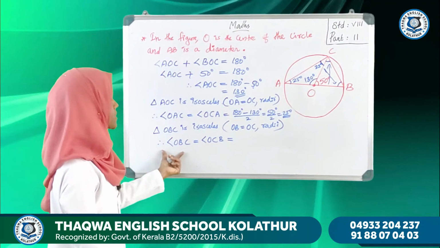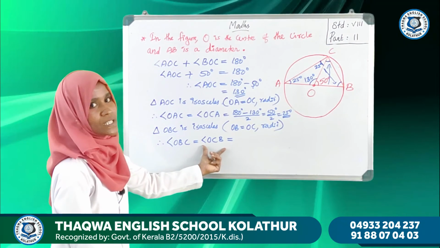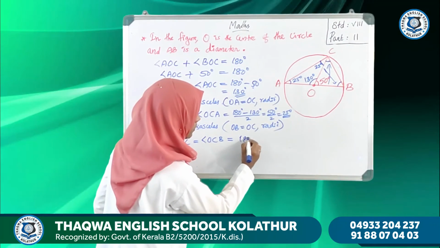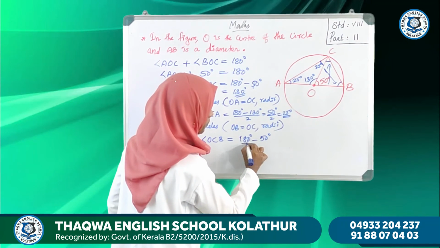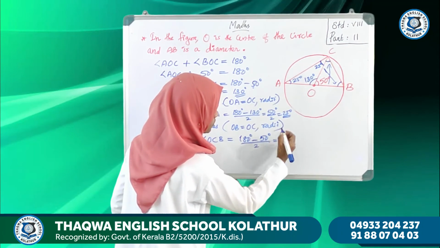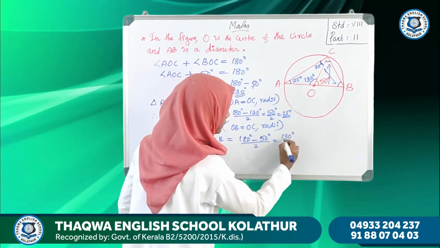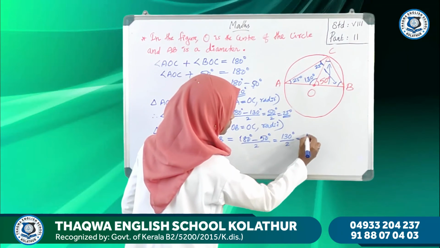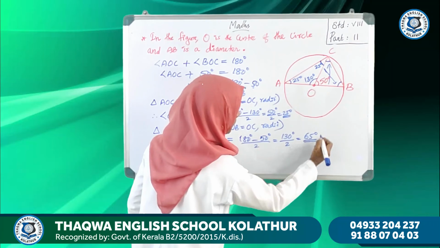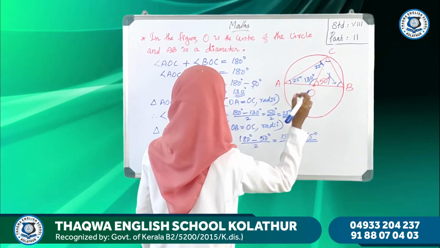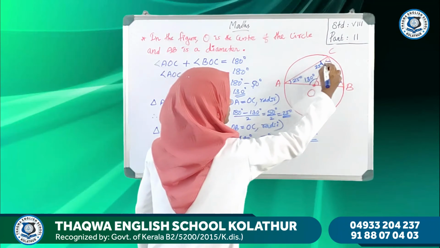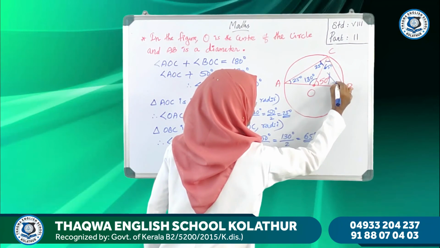This is 180 minus 50 by 2, that is 130 by 2. This is 65. So the angle OCB and angle OBC, these are 65.